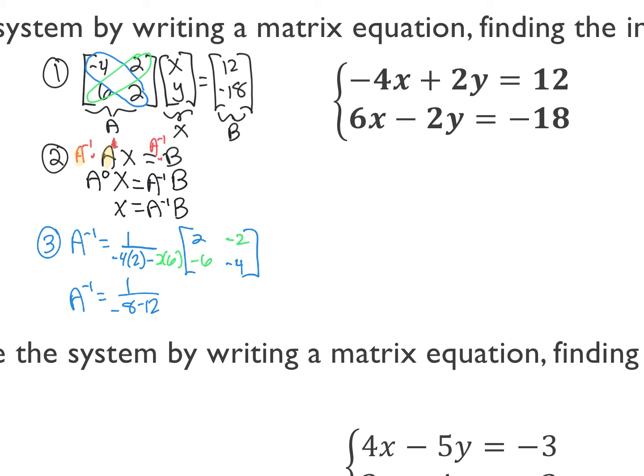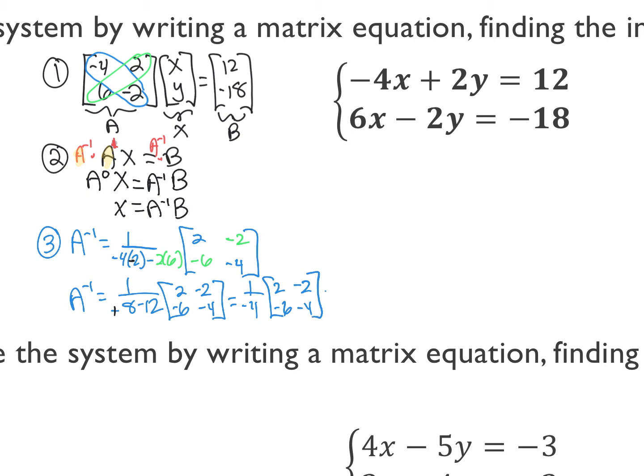I missed a sign. Right here, this 2 should be negative. Okay, 1 over 8 minus 12, that looks better. And this is still times 2, negative 2 for row 1, negative 6, negative 4 for row 2. Or 1 over negative 4 times 2, negative 6, and negative 4.